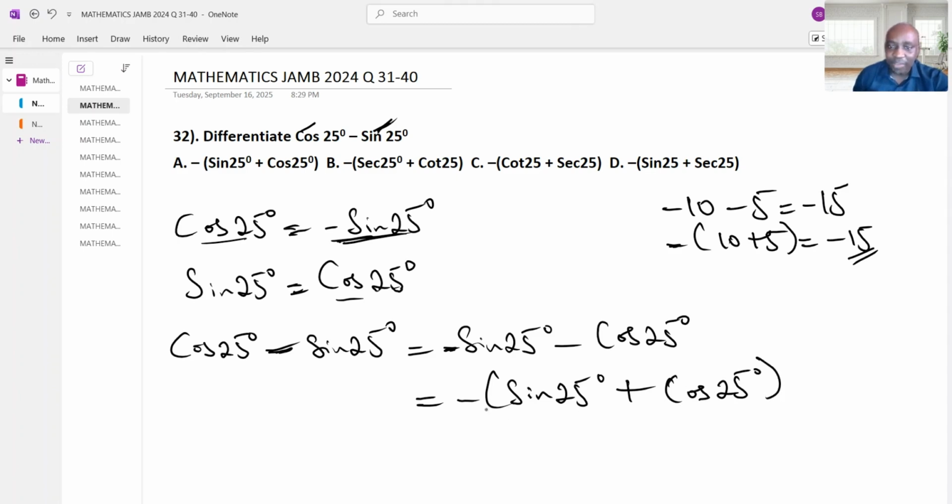Yes, this is our final answer. We just put the minus at the back. Now let's look for our answer: sine 25 degree plus cosine 25. Our final answer is option A. Let's move to the next question.